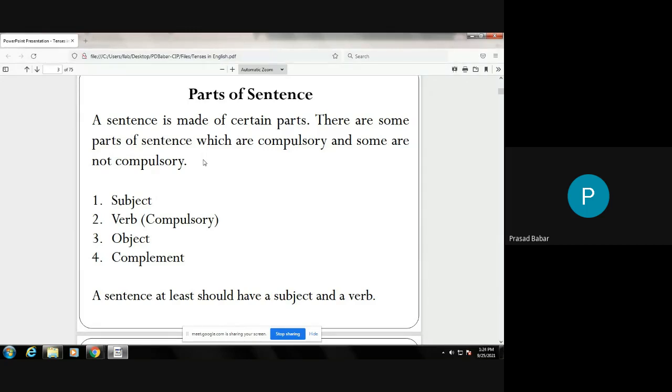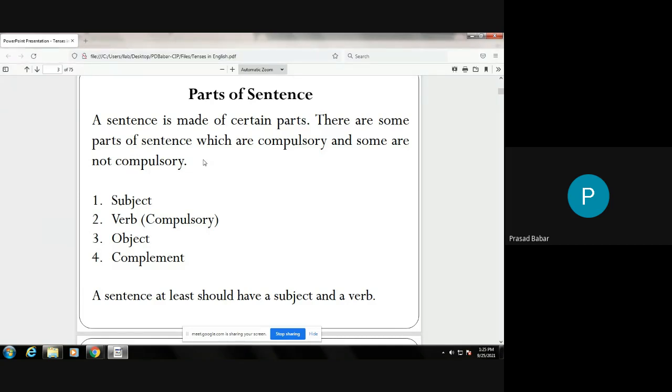A sentence is generally made up of four parts: subject plus verb plus object plus complement.